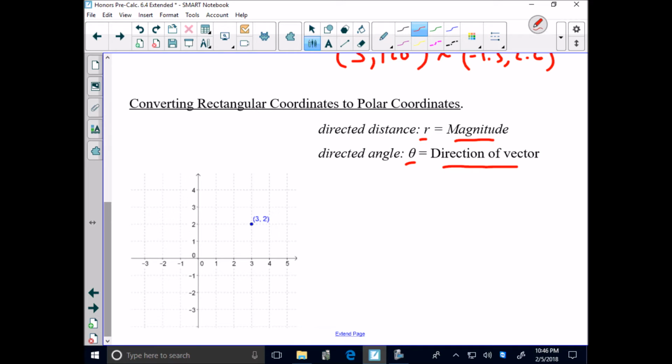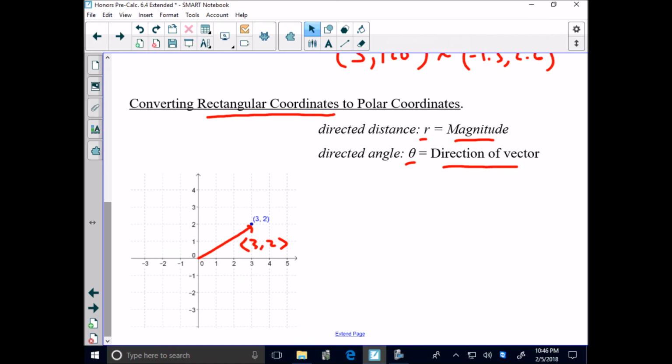So right here, when I'm extending a vector from the origin to my ordered pair that is in rectangular coordinates, I know that the x value at the head is the horizontal component of the vector, and the y value is the vertical component. So we've got the vector 3, 2 there.